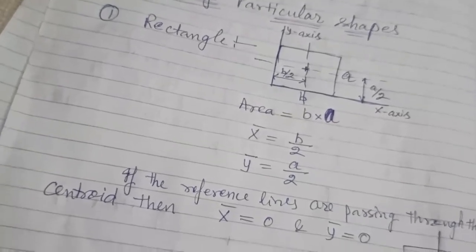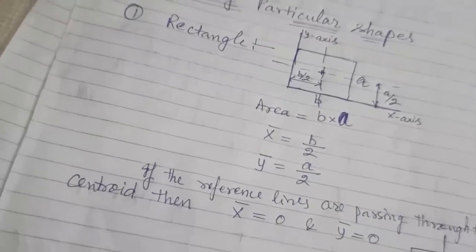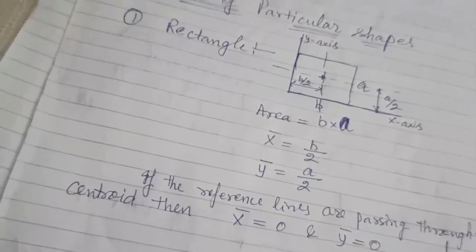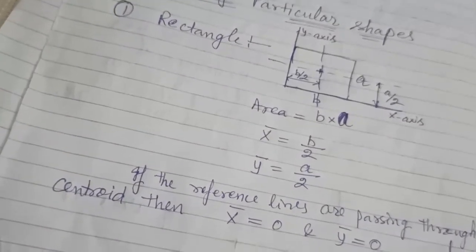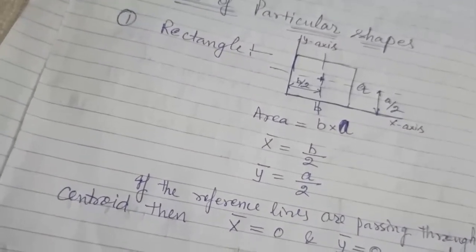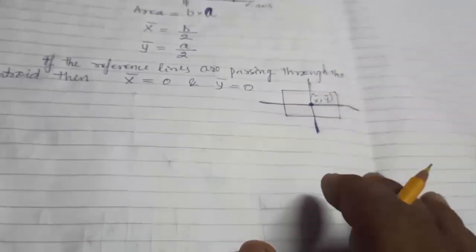So these are the reference lines passing through the centroid. The distance from the reference lines, x bar and y bar, both are 0 at this point.